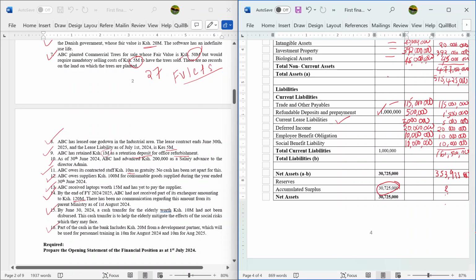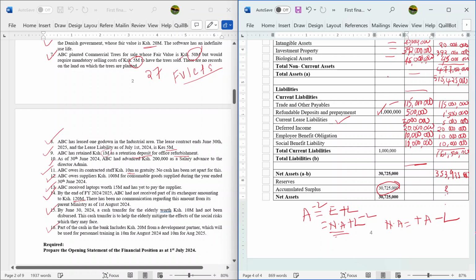This is the formula you will use. We normally say the accounting formula is assets equal to equity plus liability. Here our equity is net assets. So if you make net assets the subject of the formula and remove liability, net assets is equal to assets minus liability. So whatever we have calculated here as liability, it's a minus.